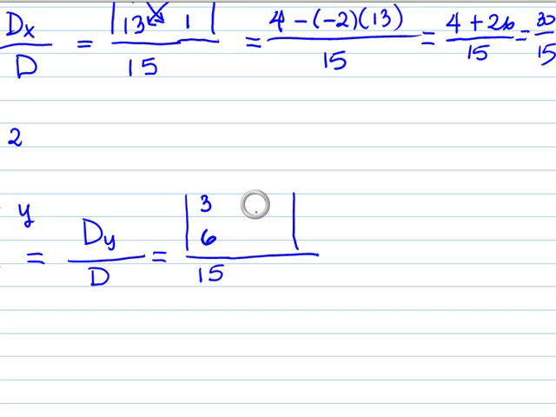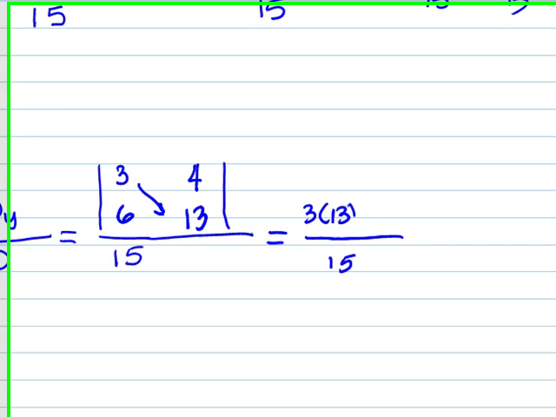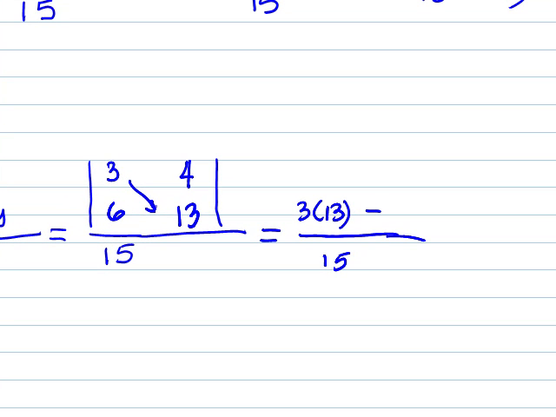Now over here, because we omit the coefficient of y, we have to replace it with the constant on the right hand side of the equal sign, which is 4, 13. And then we solve for the determinant in the numerator. So I have 15 here. Okay. So I have 3 times 13 minus 4 times 6.